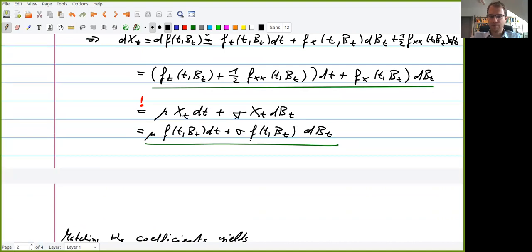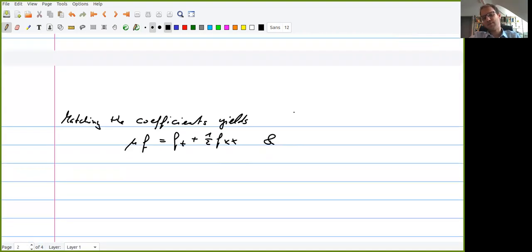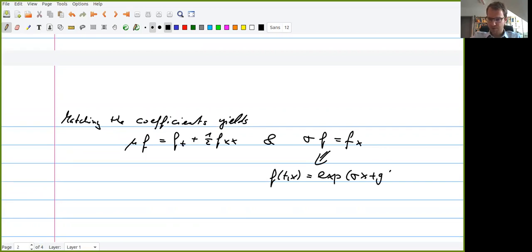So we have sigma f has to be the same as f_x. But this implies, and this is why I like it, that f_x equals sigma f. I mean, we know this ordinary differential equation, and this can be solved by the exponential function. You get sigma x, and then we can shift it by a suitable function g.